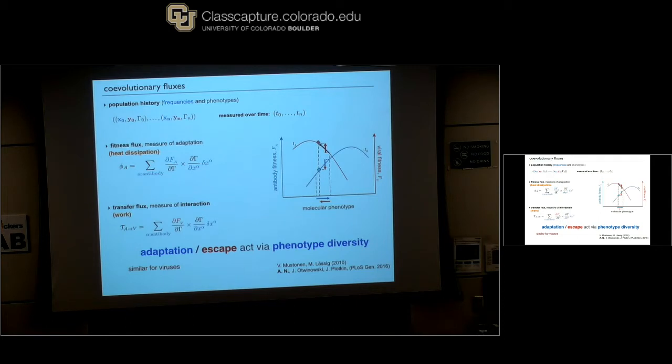But here, because we have a coupled system and we are detaching pieces of the system from each other, it's actually meaningful, because work is meaningful in sub parts of your system, but not in the whole system together. All right. So you can characterize the amount of adaptation or escape by phenotypic diversity, because the rate of adaptation and rate of interaction depends on the diversity of each side, as we had before.